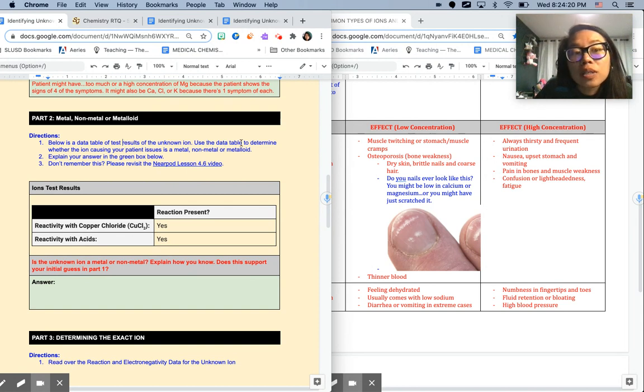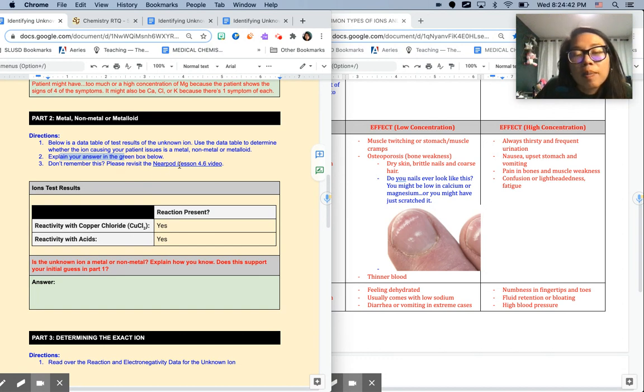And we're going to use the data table to determine whether the ion causing our patient's issues is a metal, nonmetal, or metalloid. So you might notice that of the 5 ions, some of these are metals and some of these are non-metals.